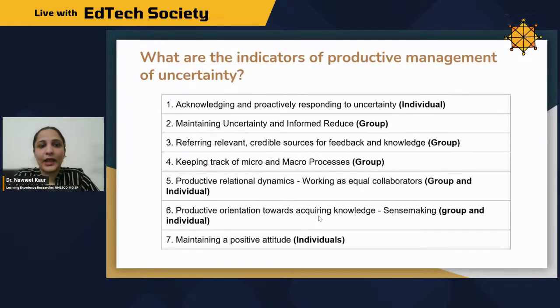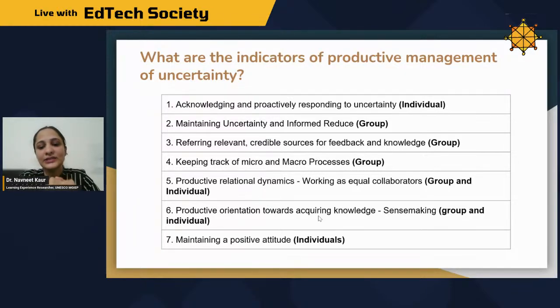Okay. Now, we know that there are different types of uncertainties that learners experience, and we know factors that can affect them. But we also need to understand what our goal is with respect to students managing uncertainty. So we need to understand what the indicators of productive uncertainty management are.